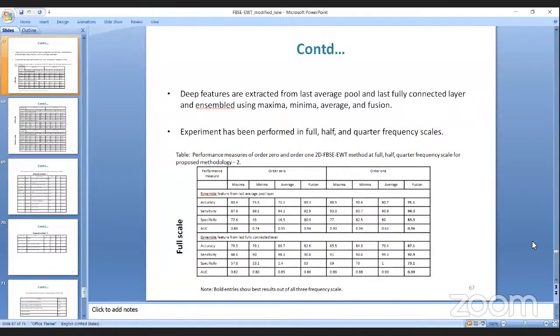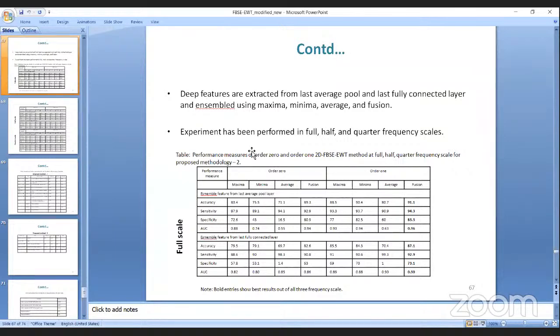These deep features are extracted from the last average pool and last fully connected layer, and assembled using maxima, minima, average, and fusion. This experiment was performed at full, half, and quarter frequency scales. Here you can see performance measures for order 0 and order 1 two-dimensional FBSE methods at full, half, and quarter frequency scales for this proposed methodology, which uses a convolutional deep neural network.